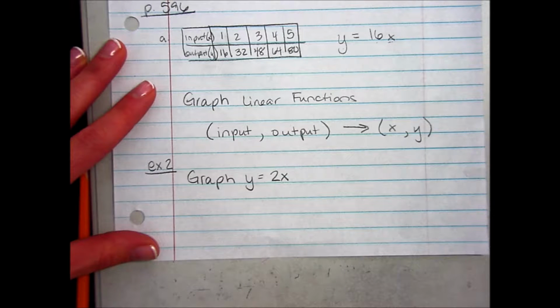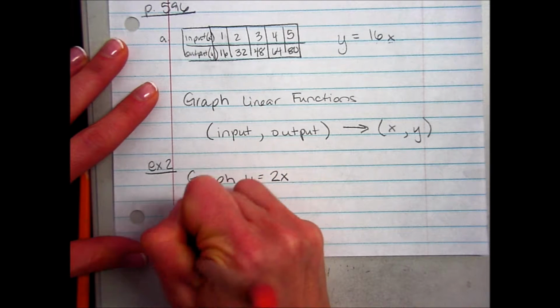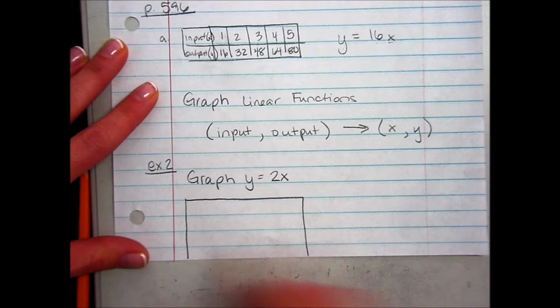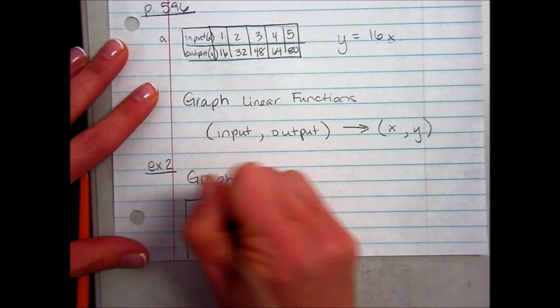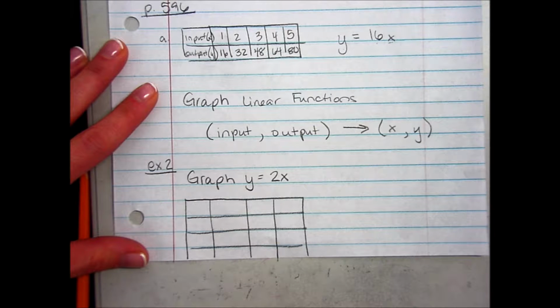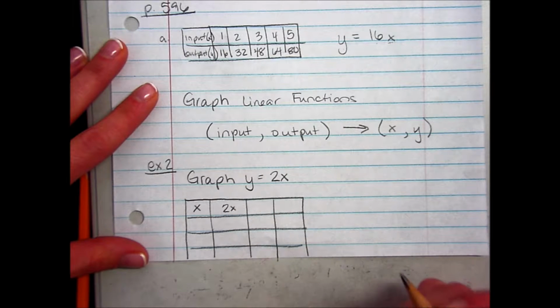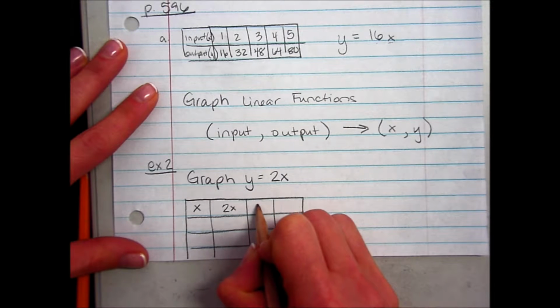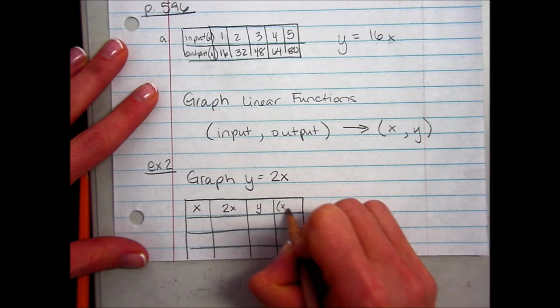That's all you're going to be given. So you will have to create the table. You will need 4 columns and 4 rows. Column 1 will be your X. Column 2 will be your function. Column 3 will be the Y. And column 4 will be the ordered pair that you create.